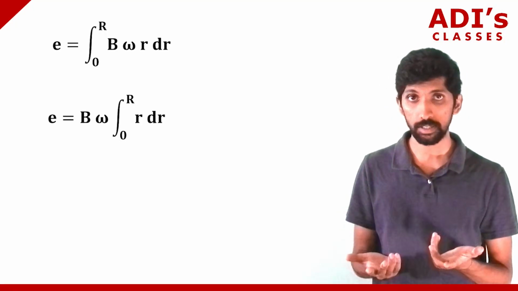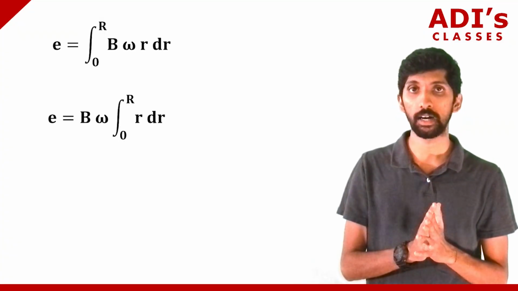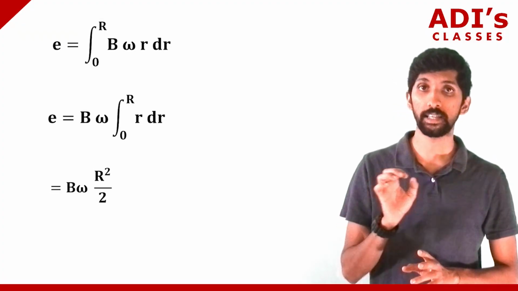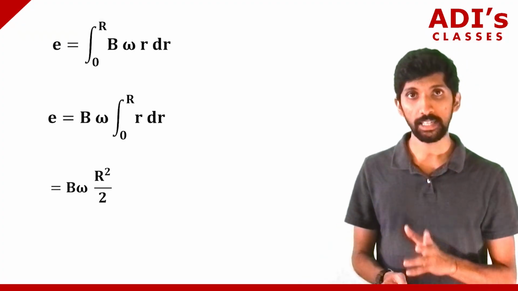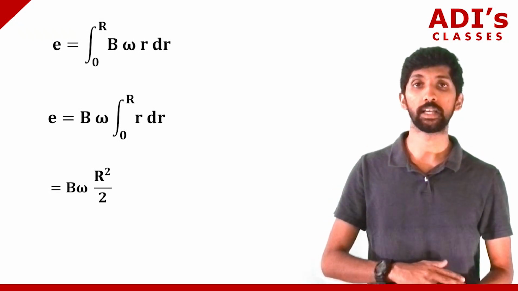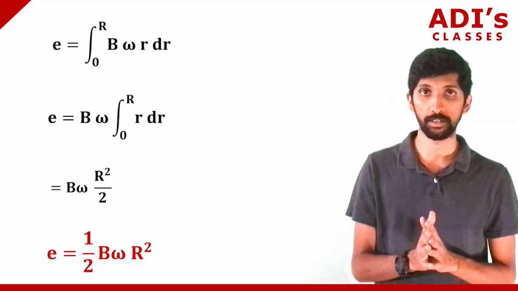Substituting the limits, you get the answer as half B omega into R square. This is the motional EMF of any metallic body or object moving in circular motion in a uniform magnetic field.